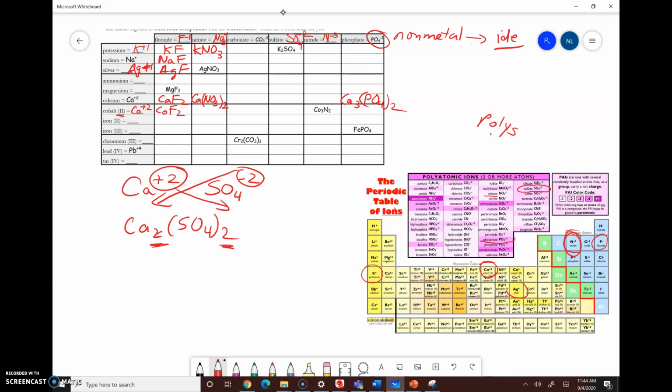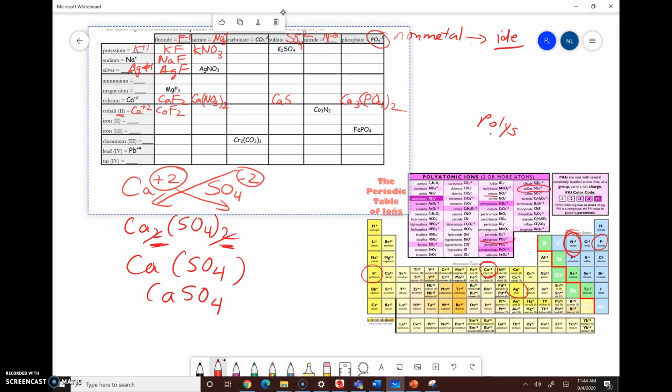You can reduce it. The 2's go away. You're gonna be left with CaSO4. Actually, we don't even need the parentheses anymore. So it's CaSO4. And I'm gonna go ahead and put that here. Oops, what happened here? SO4.